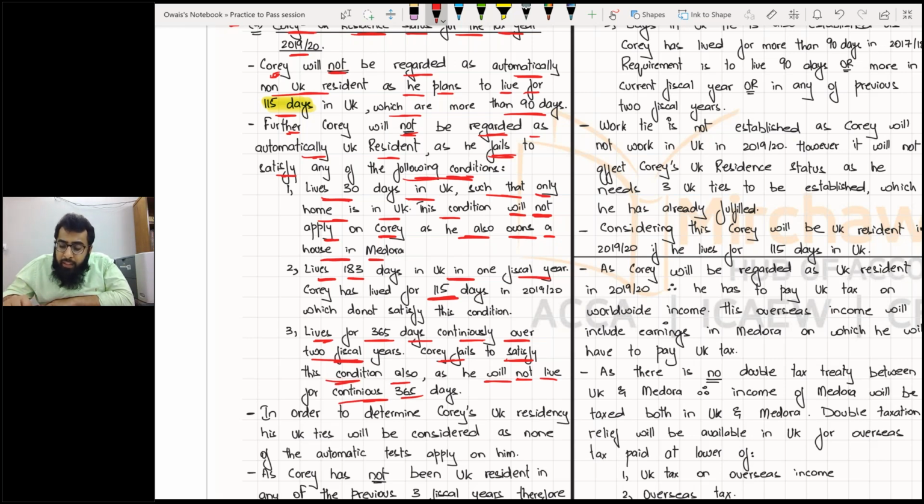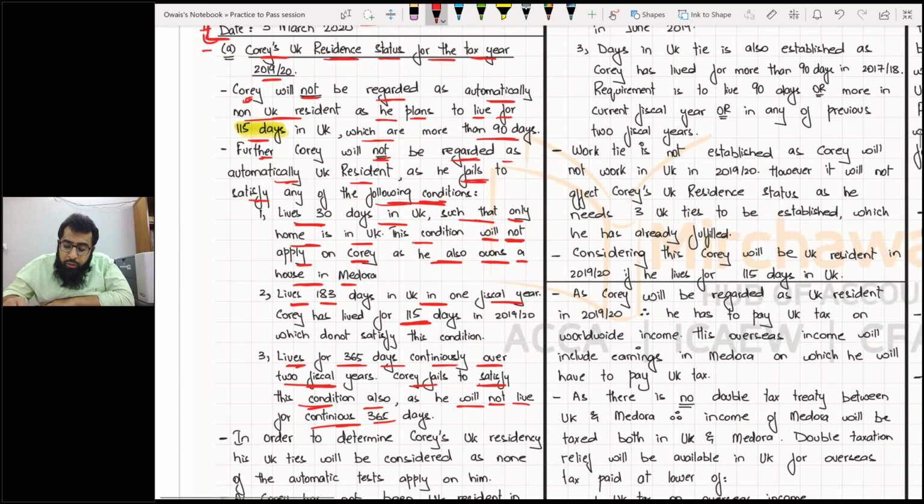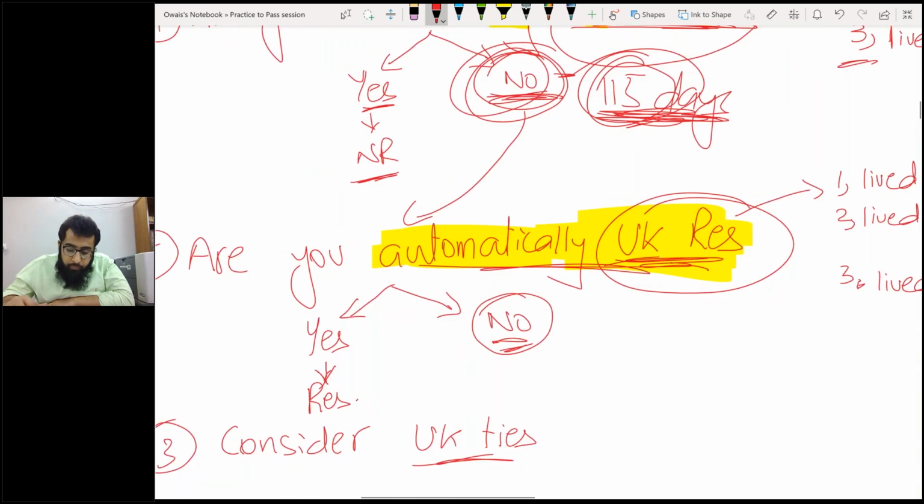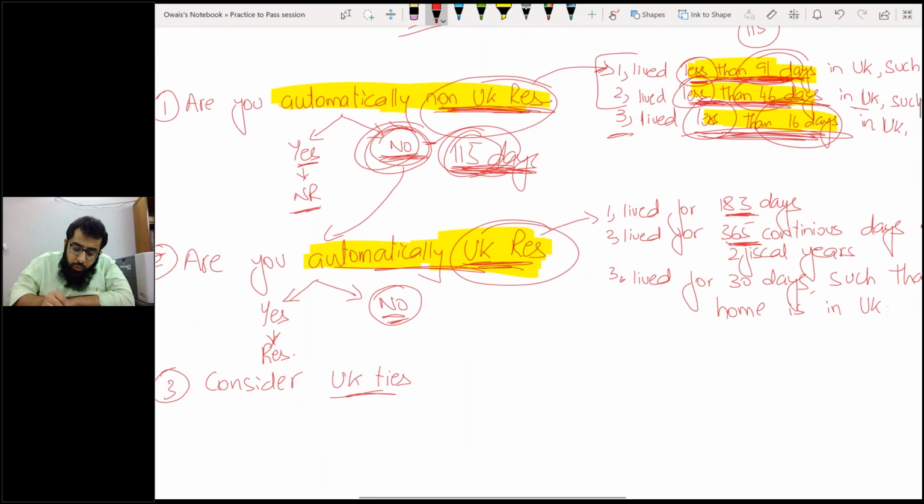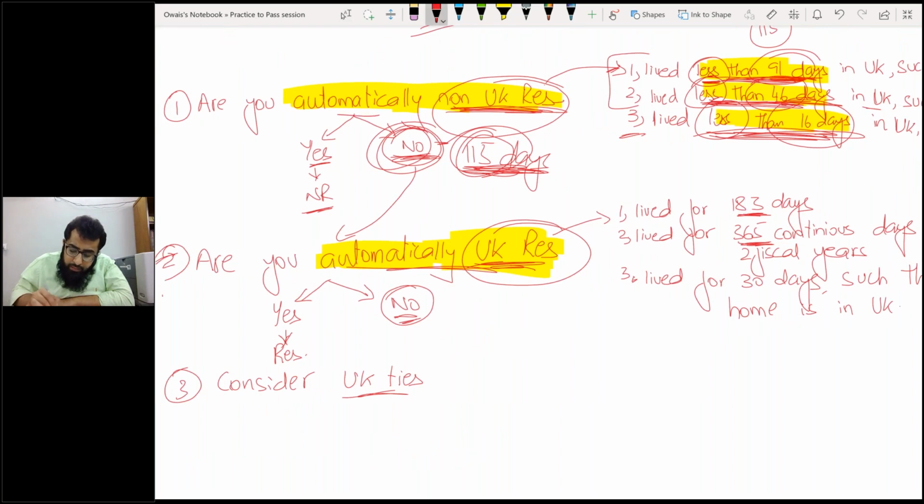Now, as I discussed with you above, Corey was not automatically non-UK resident, and he was not automatically UK resident. So we have to move towards UK ties.